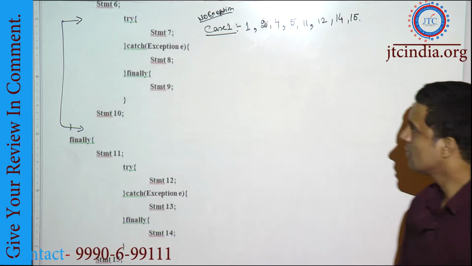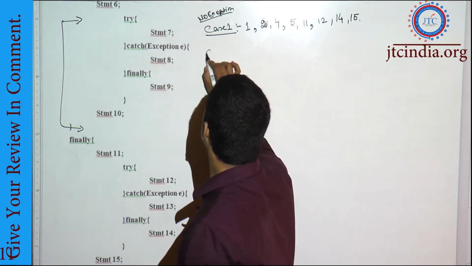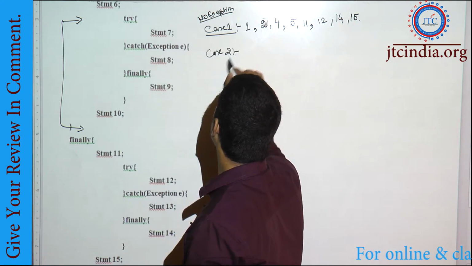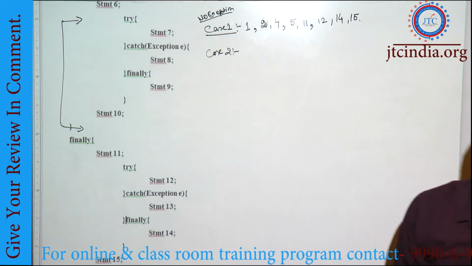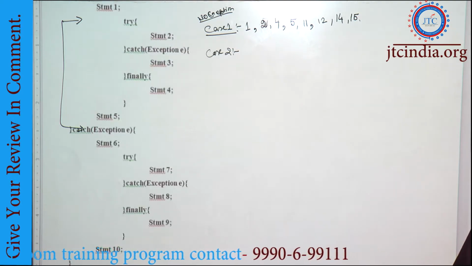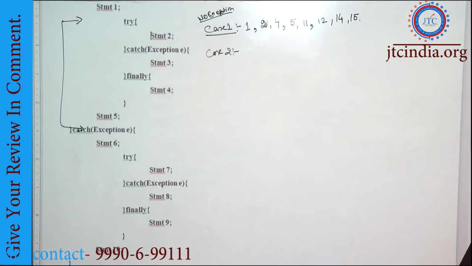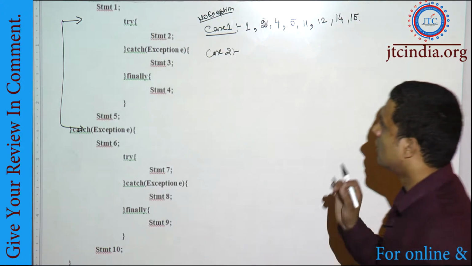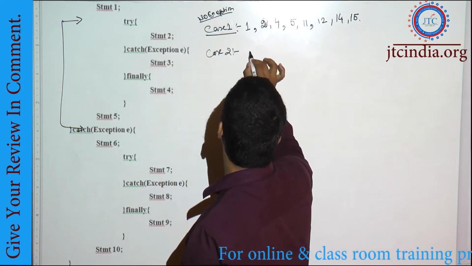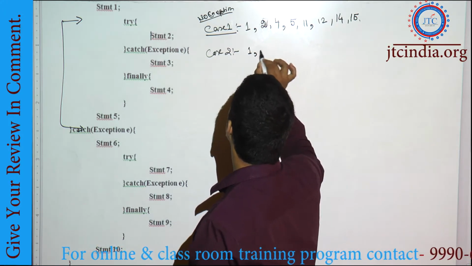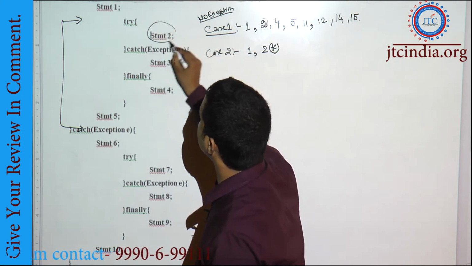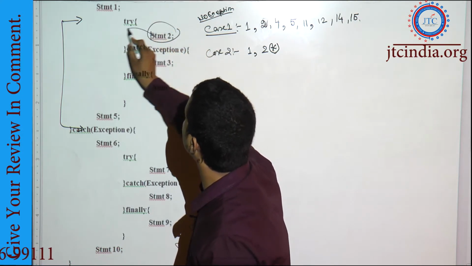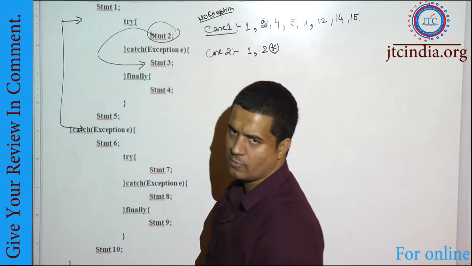Done? In the next case, case 2, let us start from the starting again. In case 2, we are assuming that the exception occurred at statement 2. So first statement 1 will be processed. At statement 2 the exception occurred. Whenever an exception occurs here, immediately the control will be transferred to the catch block.